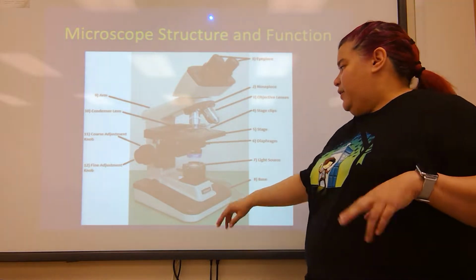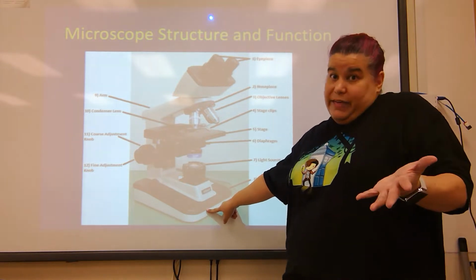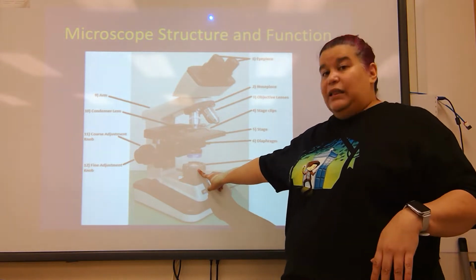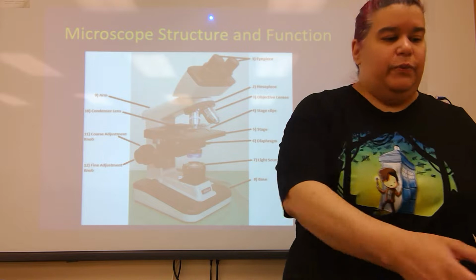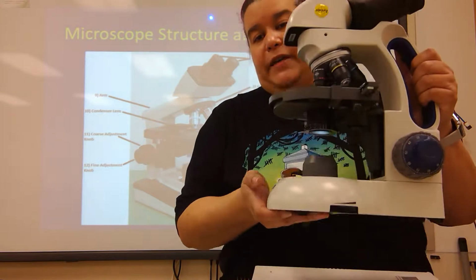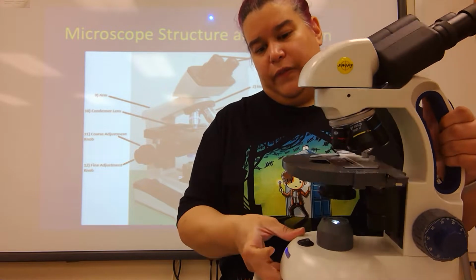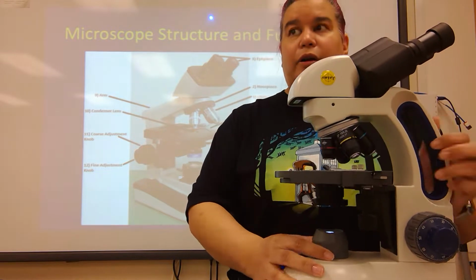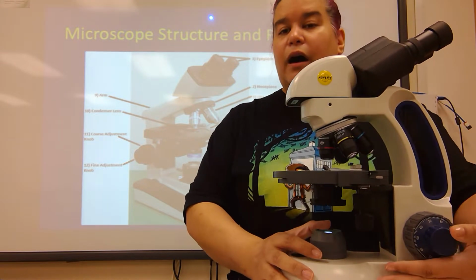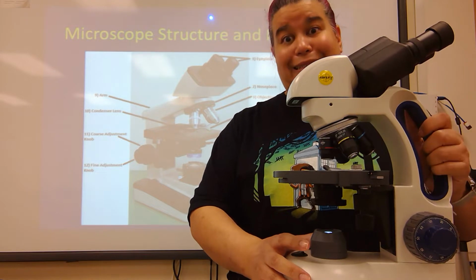At the bottom here, I've got two pieces. I've got the base, that basically is the base of the scope, and I've got a light source. With this scope, here's the base, here's the light source. And for modern times, this is an LED light.